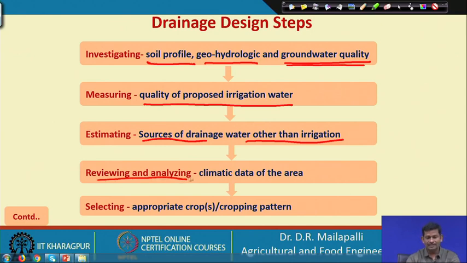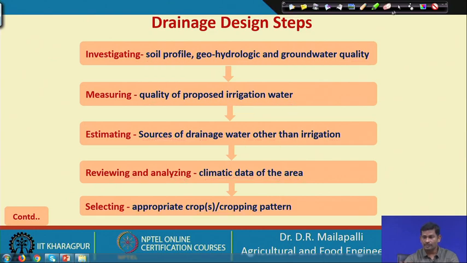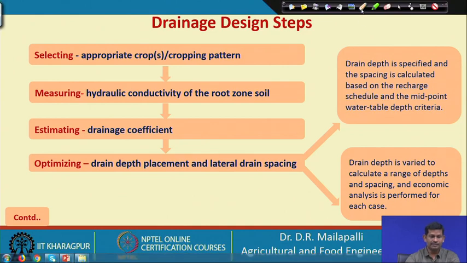Reviewing and analyzing the climate data of the area is very much required in order to understand the peak discharge from the particular area, and selecting appropriate crops or cropping pattern. What kind of crops are you going to grow in that land after drainage? The next step is selecting the appropriate cropping pattern.